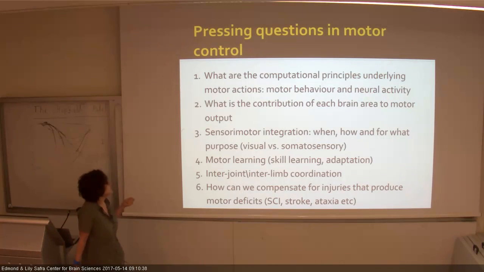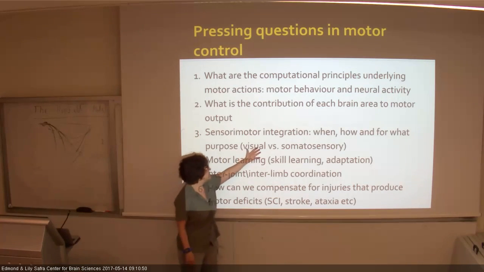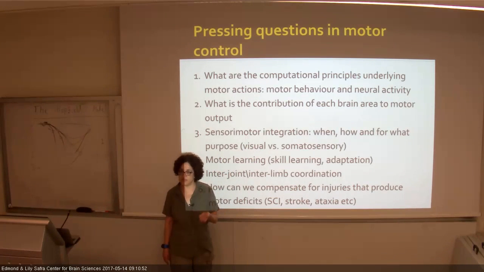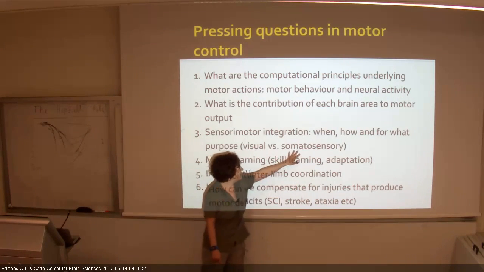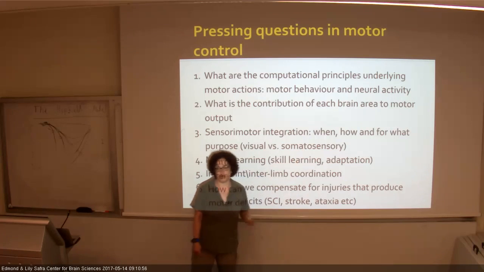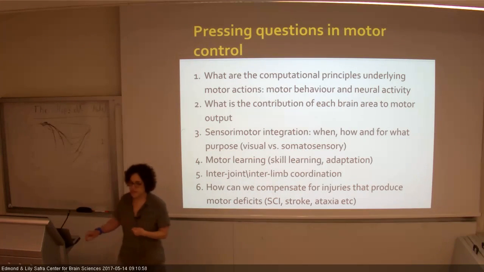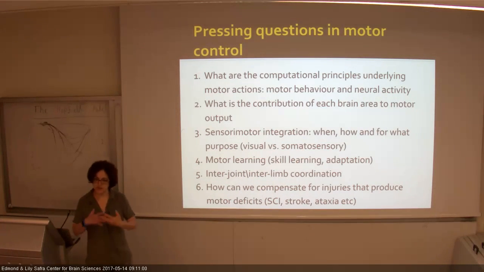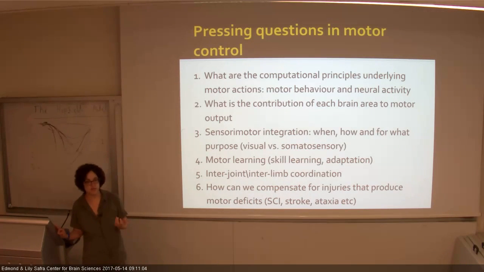We are trying to understand sensory-motor integration: when motor and sensory areas interact, how they interact, and for what purpose. What is the difference, for example, between visual-motor integration and somatosensory-motor integration? We think that somatosensory sensation is critical for performance of movement.